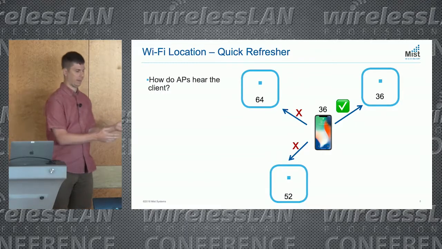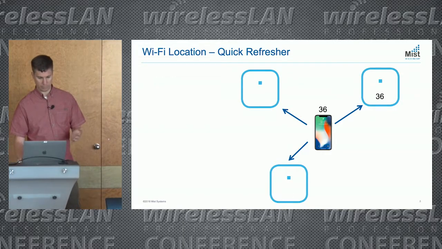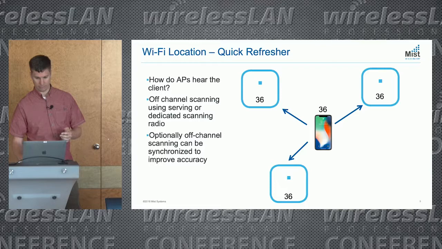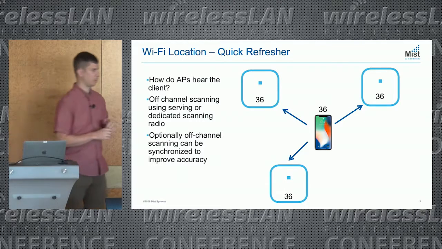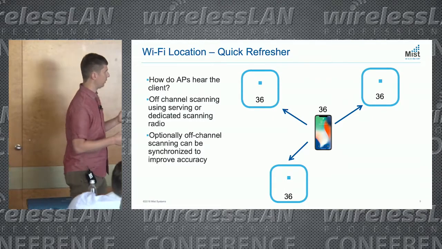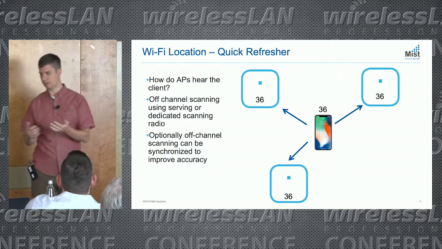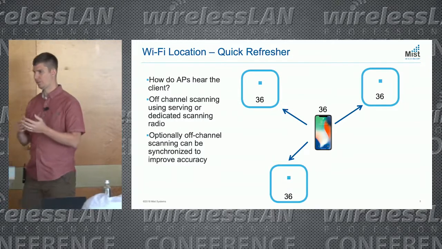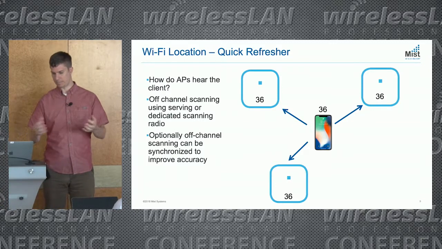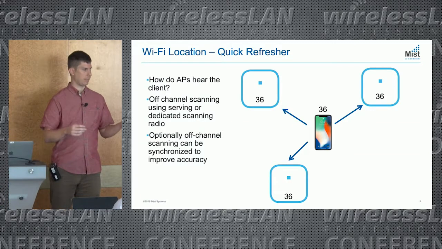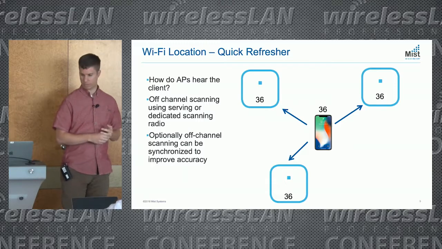So how do we overcome that? There are a couple different ways to do it. First is using off-channel scanning, either using the client serving radio or a dedicated scanning radio to go off-channel and scan other channels. That's how clients get located with Wi-Fi.